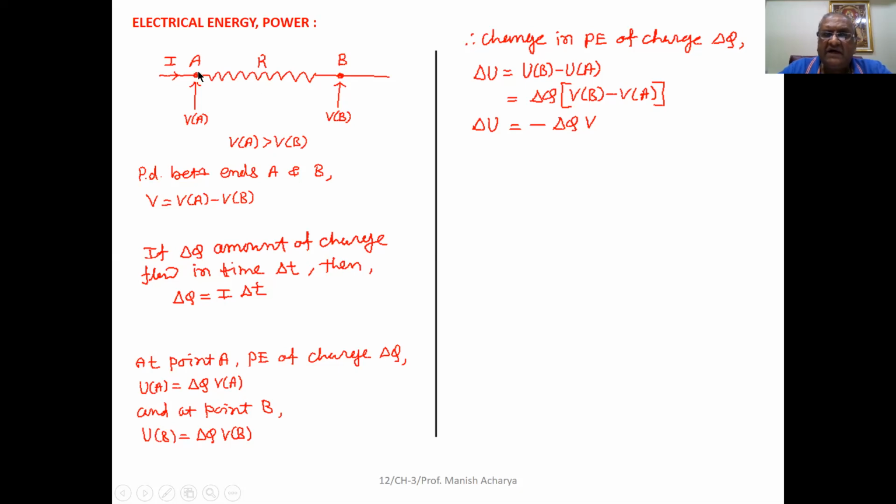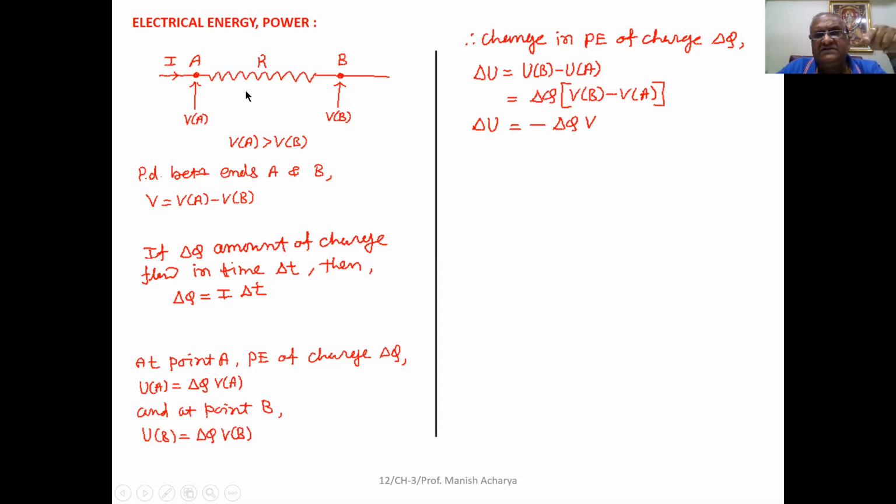And when this charge delta Q reaches B, where the potential is VB, its potential energy at point B will be UB equal to delta Q into VB.